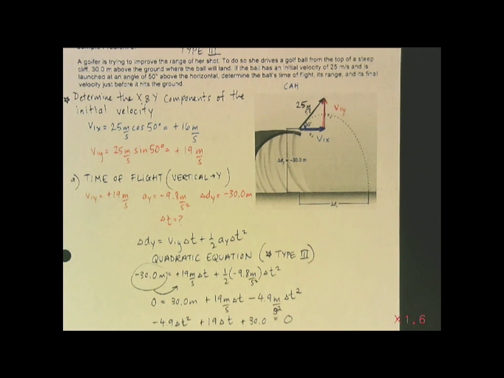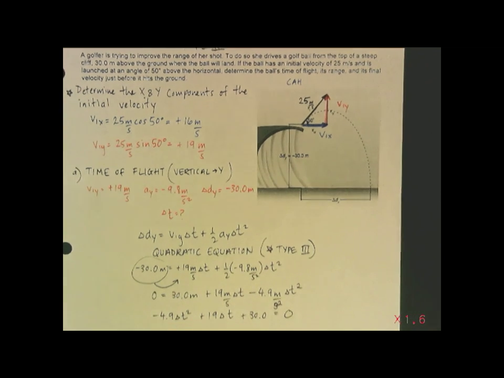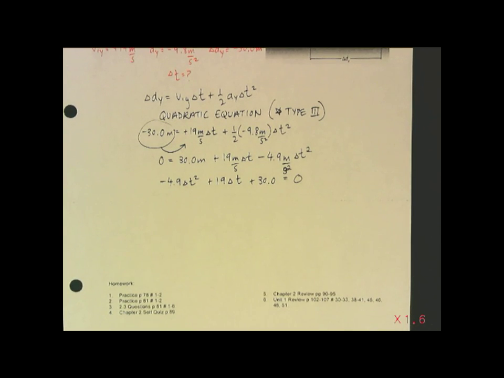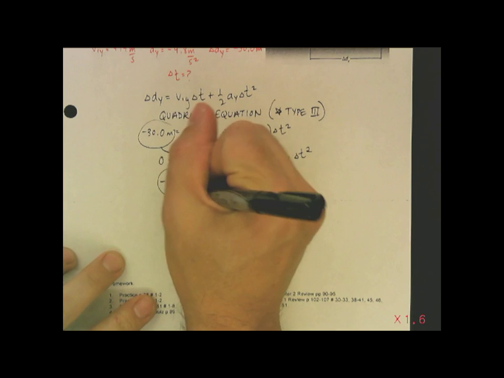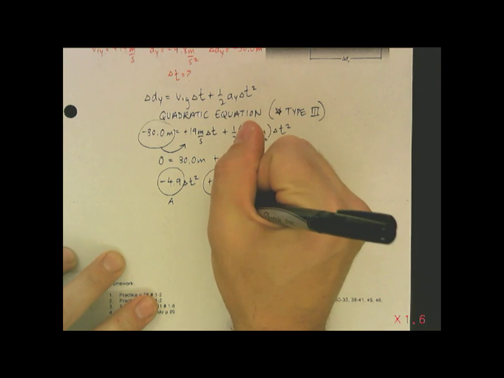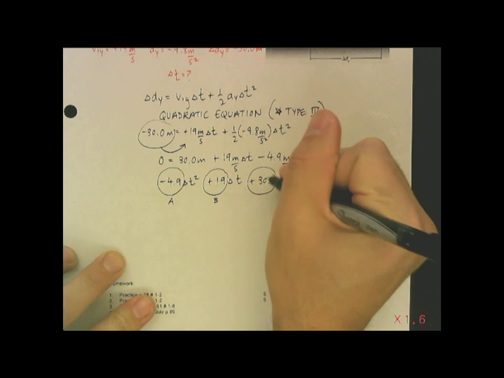So this is standard quadratic equation form, where this term here is our a, this term here is our b, and this term here is our c.